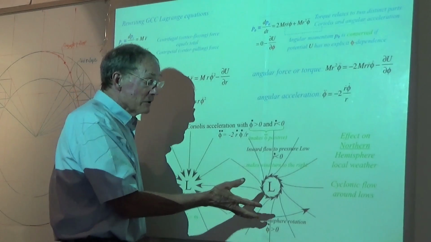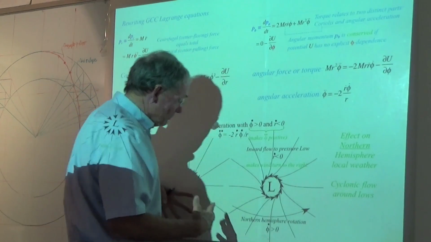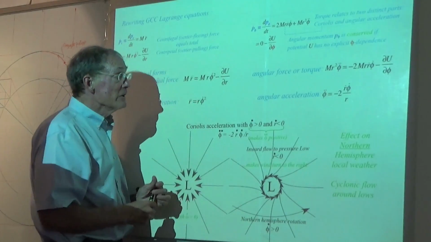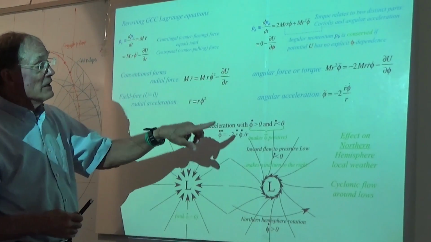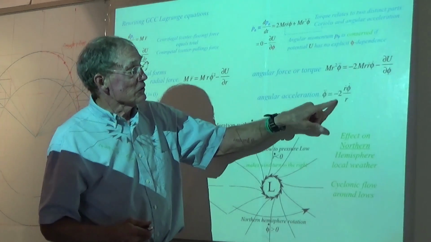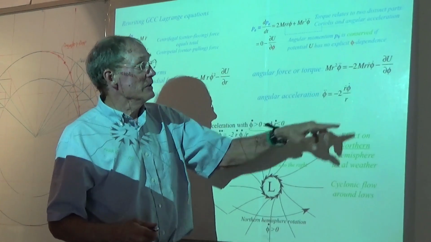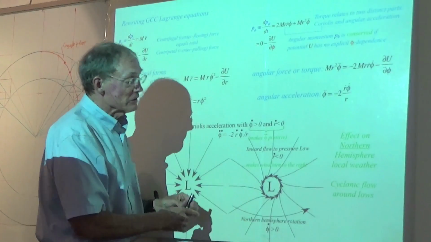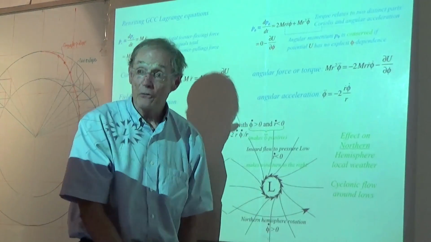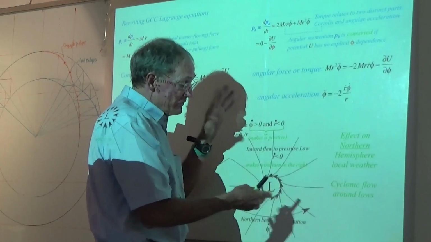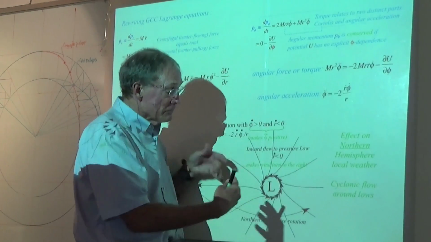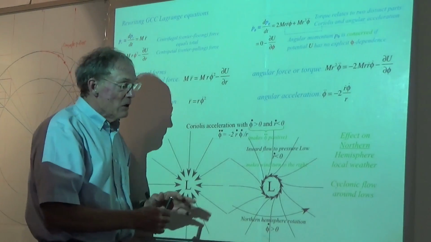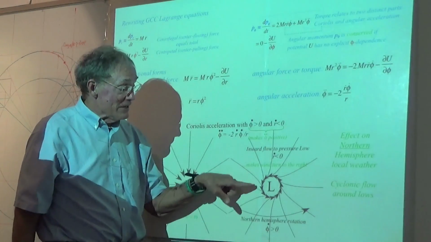So really what happens when air tries to rush into a low pressure area is it gets turned by the Coriolis force. This equation that we have here is giving, this is really what it boils down to, angular acceleration is -2 times r dot and phi dot. Being careful here to get the signs all right, but this is a cyclonic force. A low moves into Fayetteville, we get a south wind, and then a bunch of lightning and stuff because there's all sorts of condensation making the thunderheads below. And tomorrow we will have a north wind.